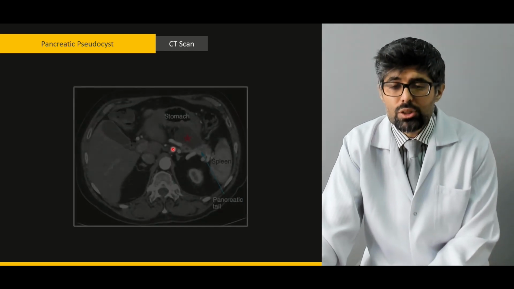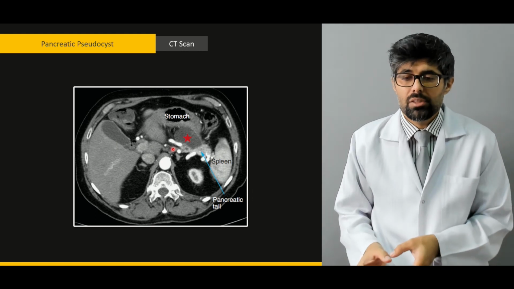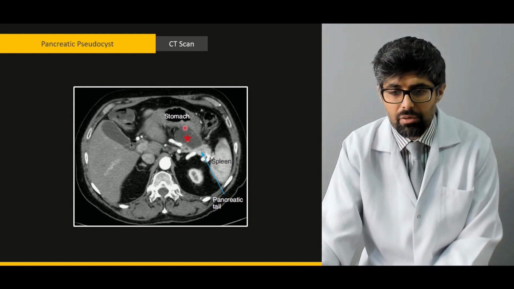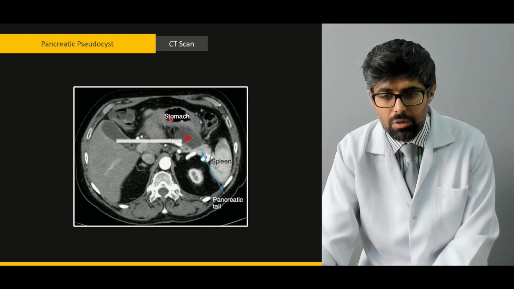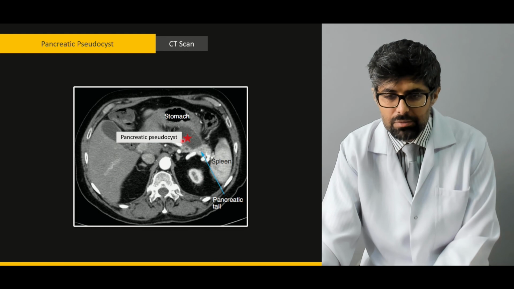Another cause of unexplained symptoms can be a pancreatic pseudocyst. A pseudocyst usually follows an episode of acute pancreatitis. Now, this is the pancreatic tail, this is the stomach, and this is the pseudocyst.